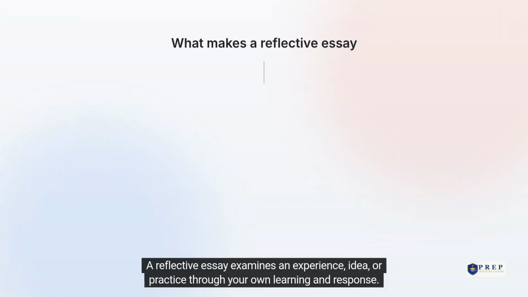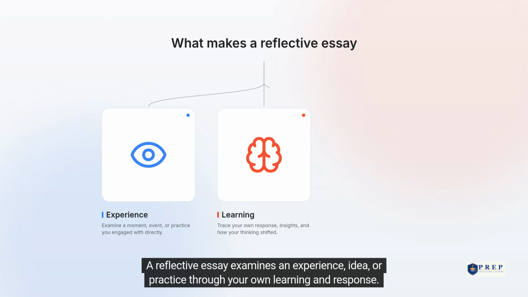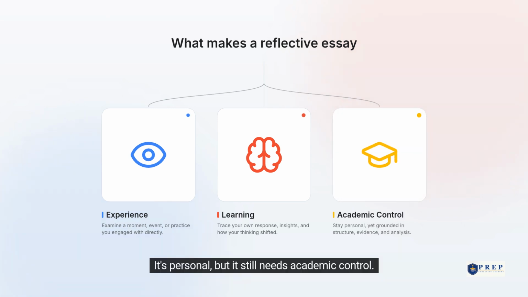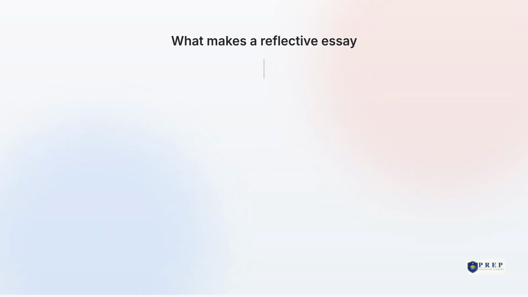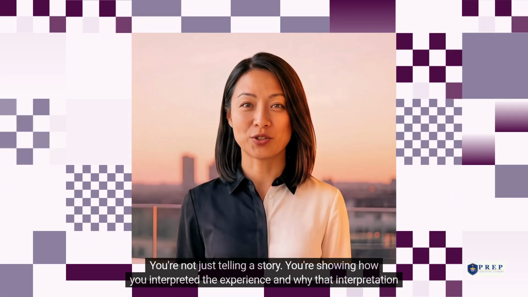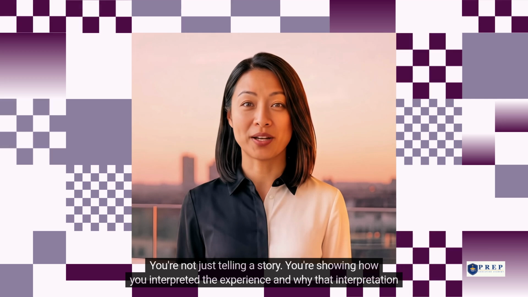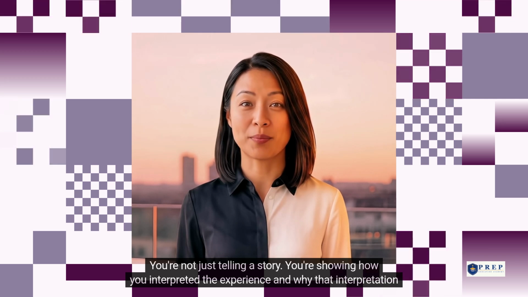A reflective essay examines an experience, idea, or practice through your own learning and response. It's personal, but it still needs academic control. You're not just telling a story. You're showing how you interpreted the experience and why that interpretation matters.